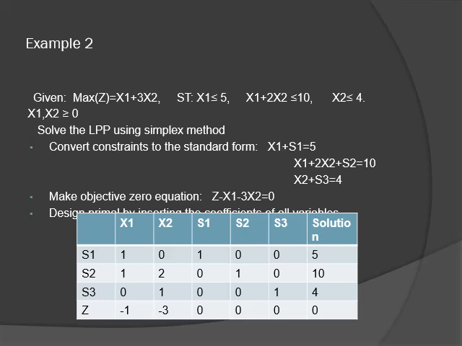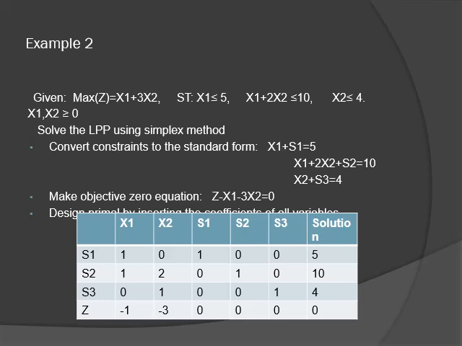The solution is 5. The second constraint is x1 plus 2x2 plus s2 equals 10, so the row of S2 is 1, 2, 0, 1, 0 and 10 as solution.